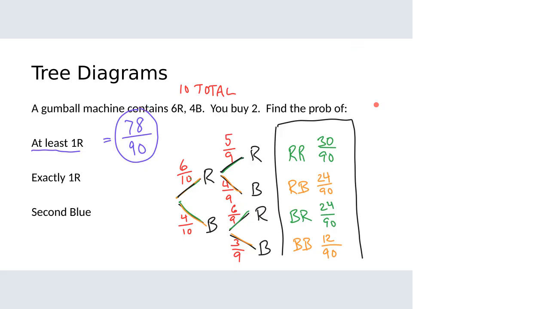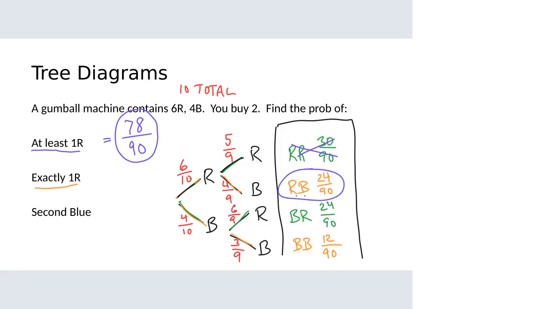We haven't talked about binomial probability yet. It's coming up, but exactly 1 red. Exactly 1 red is very similar to at least 1 red, but it's not the same. Exactly 1 means exactly 1. No more, no less. And so when I want exactly 1 red, this one, there's a red in there, but that's 2 reds. That's no good. 1 red, 1 blue.